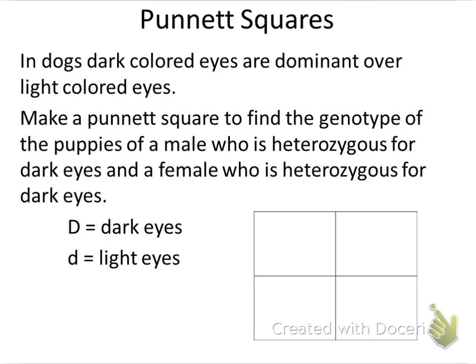So, in dogs, dark-colored eyes are dominant and light-colored eyes are recessive. We're going to make a Punnett square to find the genotype of the puppies of a male who is heterozygous for dark eyes and a female who is heterozygous for dark eyes.